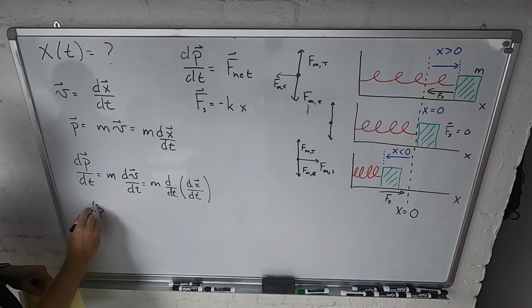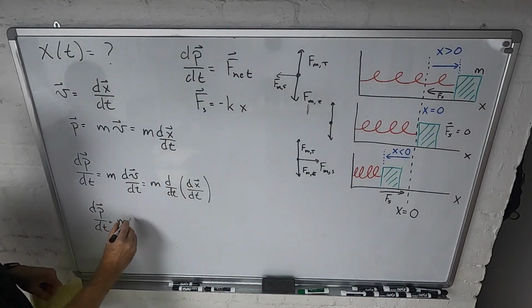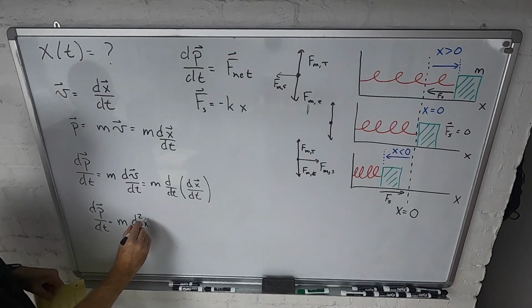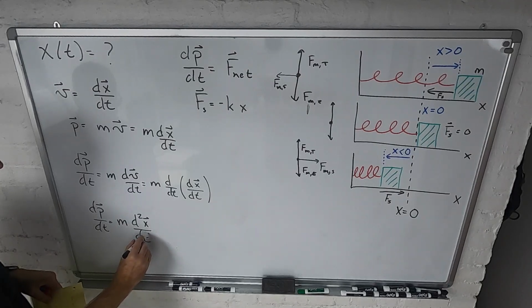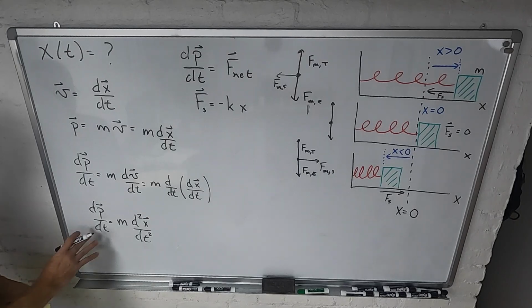So now dp/dt is equal to the mass. Now I have two derivatives, d squared x over dt squared. The second derivative of the position times the mass is the change in momentum.